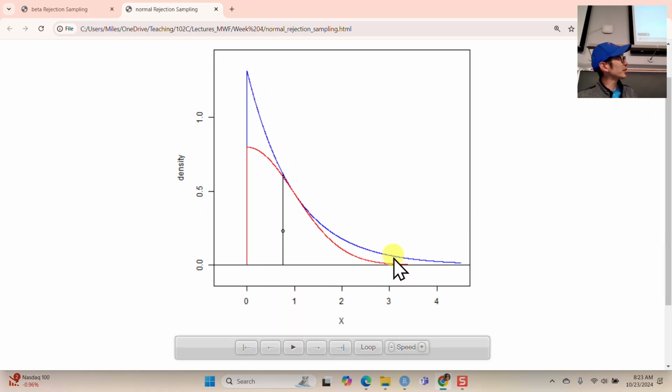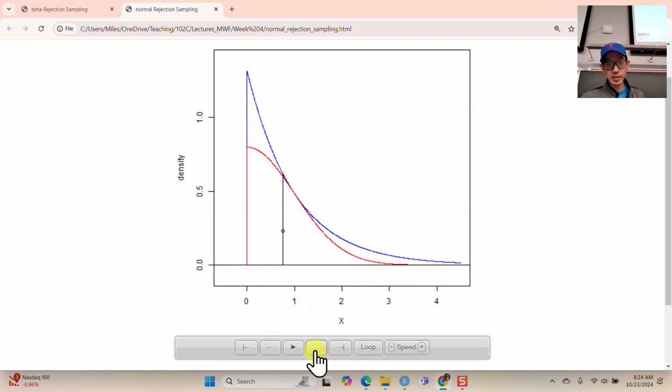The random U that gets generated as 0 will be at the bottom. So the acceptance ratio here is close to 0%. Here it's around 50%, where the red line is halfway between the blue line and the x-axis.